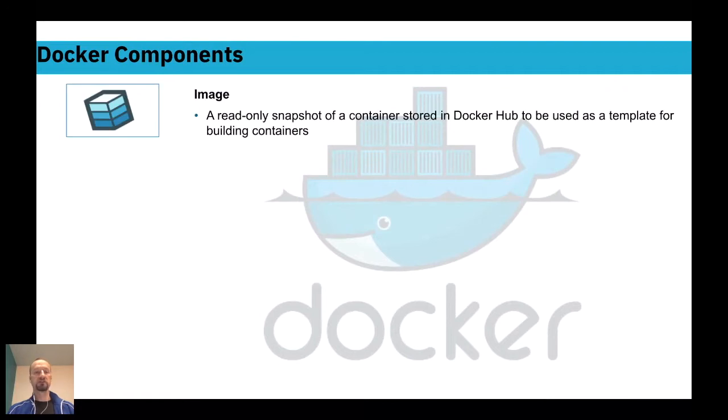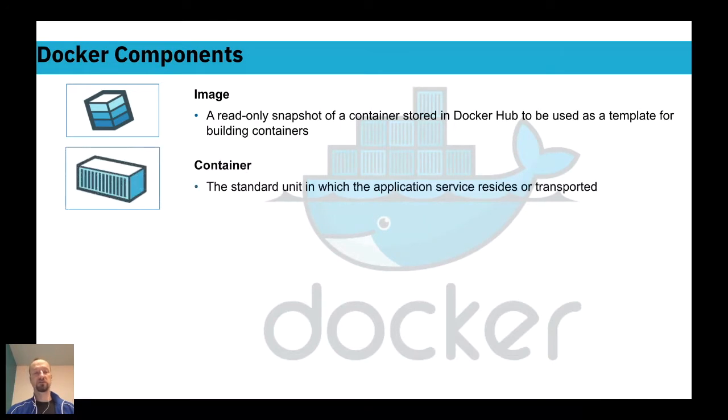So Docker components: an image. It's a read-only snapshot that you create, and you register under Docker Hub. It's a template for building and next releases. In the next webinar, we will go into details of how you can create such an image. Then container, it's a standard way that the application service is being transported and how the service is being represented.